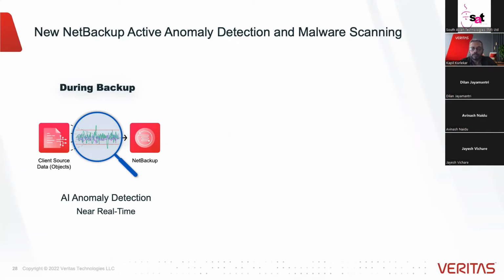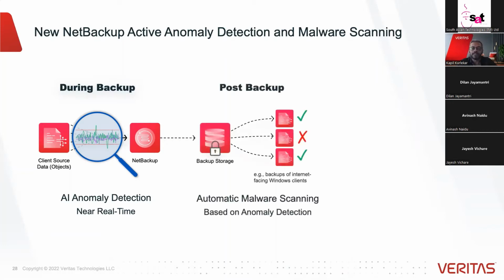When anomalies are suspected, malware scanning is automatically initiated to determine if the backup set contains any malware. Malware scanning can also be regularly initiated on a high-risk area such as internet-facing Windows clients, for example. The malware scanning is utilized to efficiently identify the last known good backup prior to a restore.